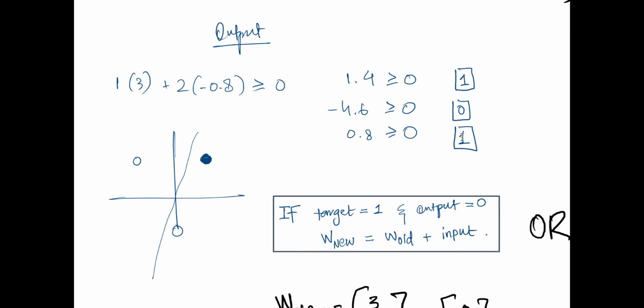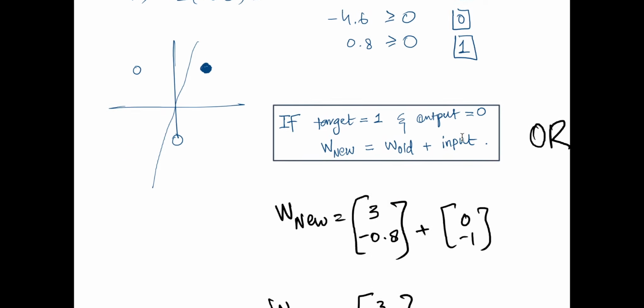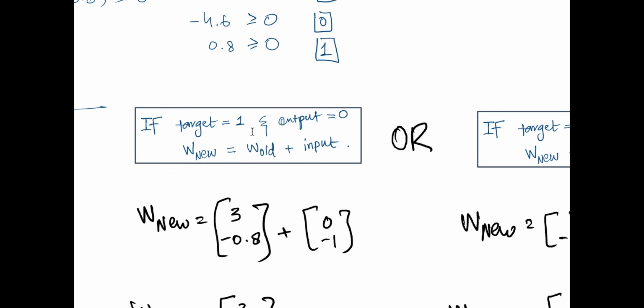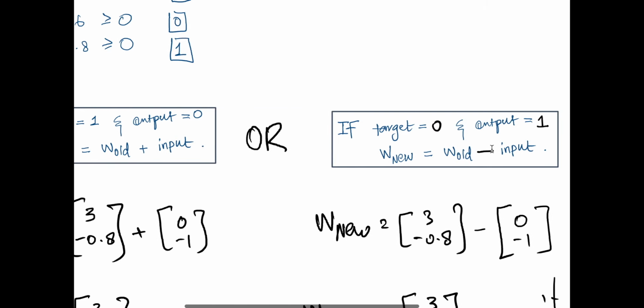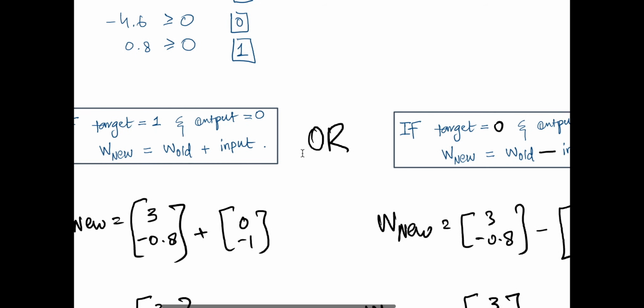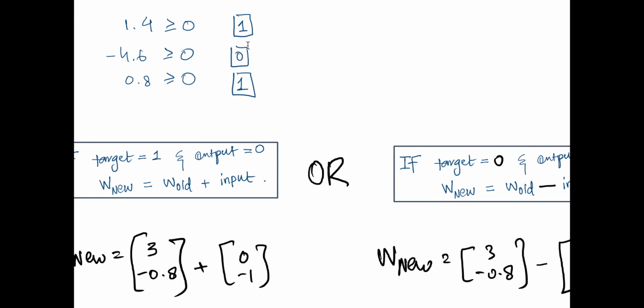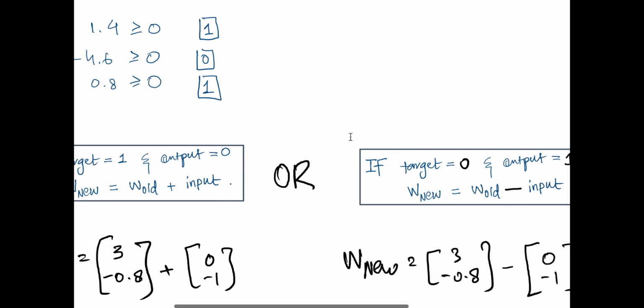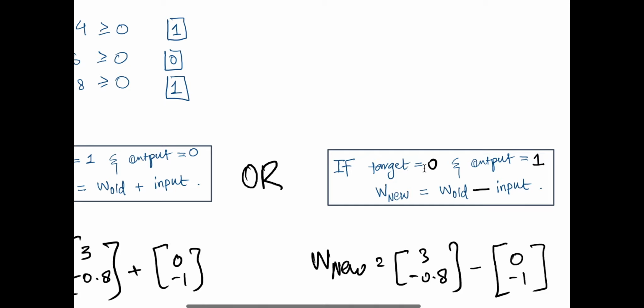So we followed the same process for the third point, and there was a confusion. Should we add the input this time, or should we subtract the input? Having tried both, we just looked into the rule this time around, and the rule was that the output was 1, whereas the target was 0.